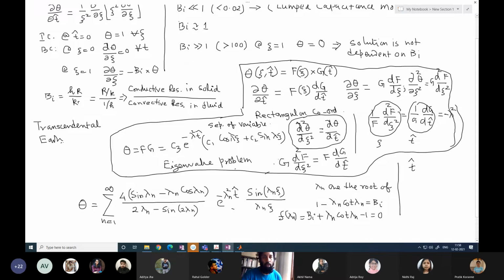Time is given. I tell you at this time I want something, at these values of zeta I want this value of theta. You should be able to compute that using this expression. If you have any question, if you don't feel confident, let me know.